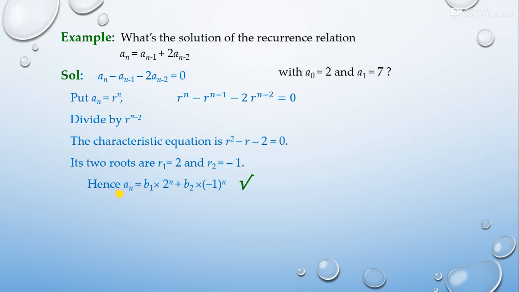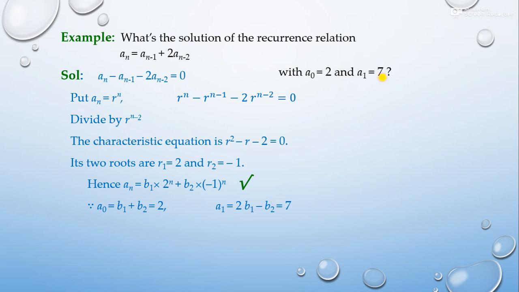Put n equal to 0: a0 is equal to b1 times 2^0, which is 1, plus b2 times (minus 1)^0, which is 1. So we have the equation b1 plus b2 equal to 2, because a0 is given as 2. This is the first equation.